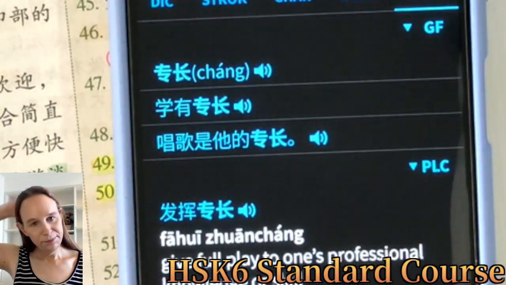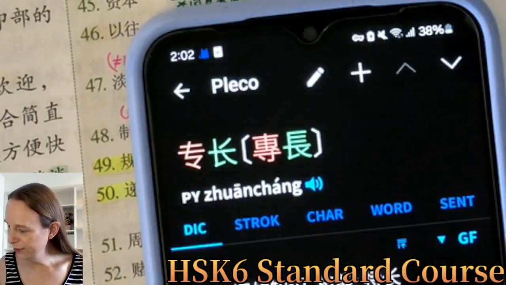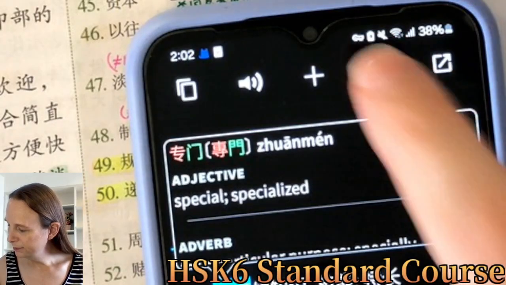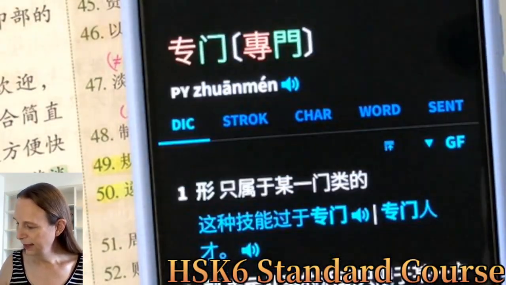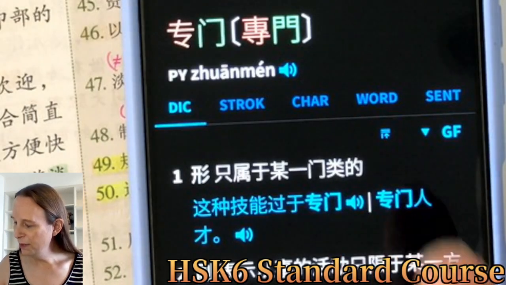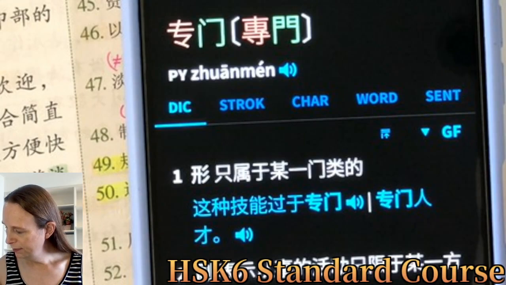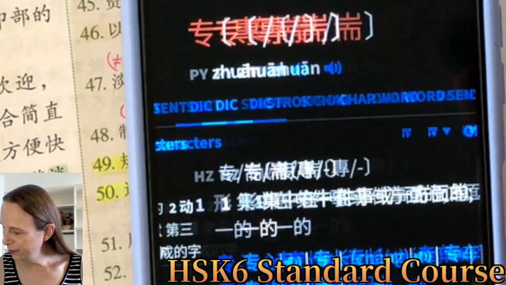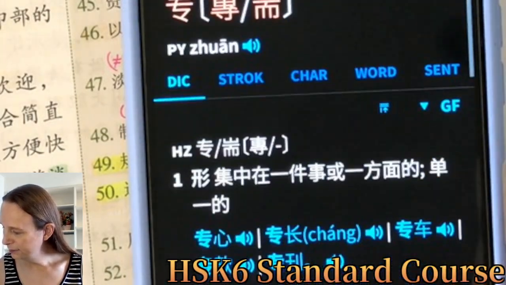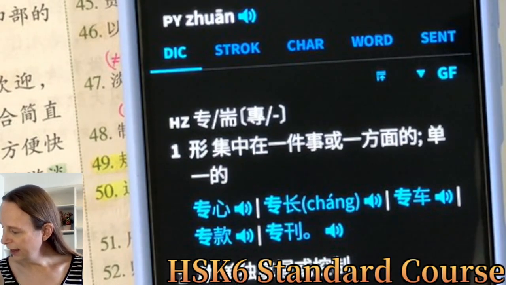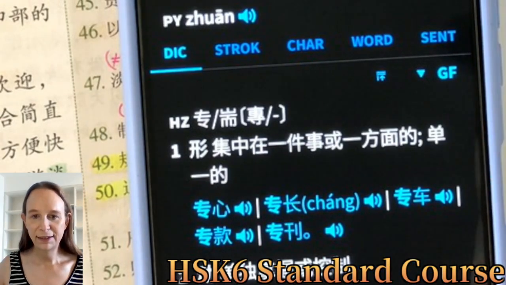So the 专 kind of means exclusive, right? 专门. Exclusive, 就属于某一门类的. So let's look at 专. 单一的 here.